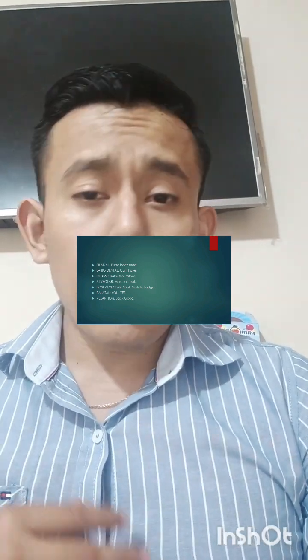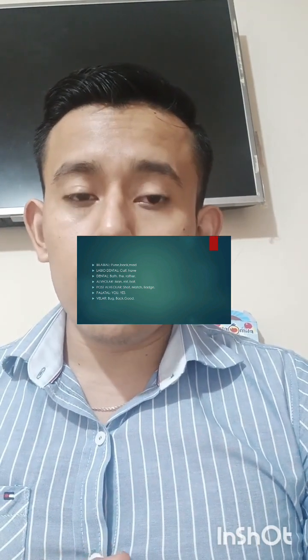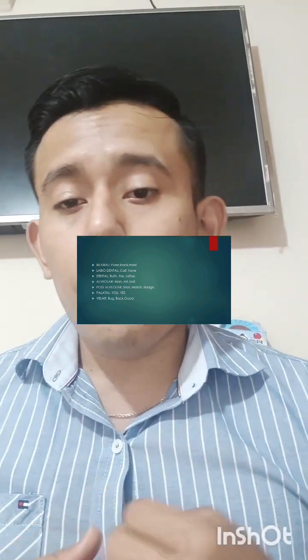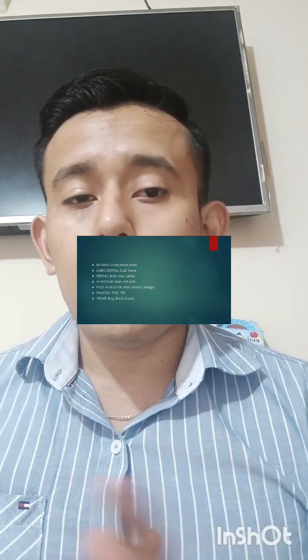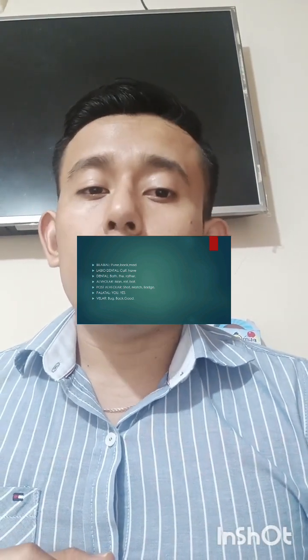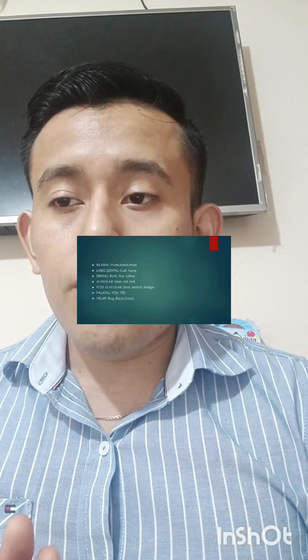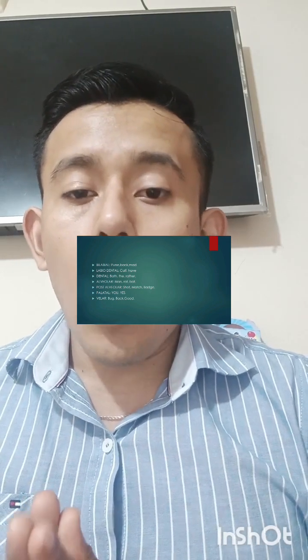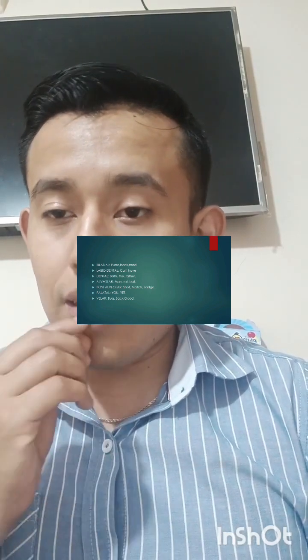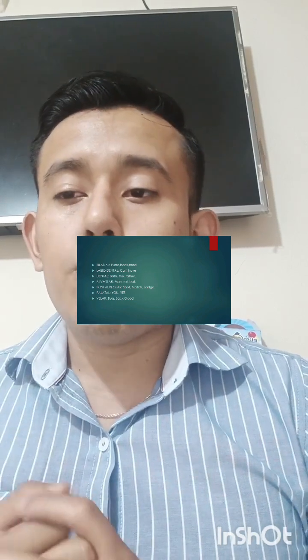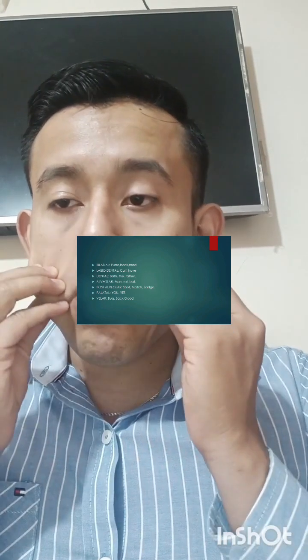Okay, the second point of the consonant classification is manner of articulation. The theory says that manner of articulation describes how our tongue, lips, jaw, and other speech organs are involved in making a sound.